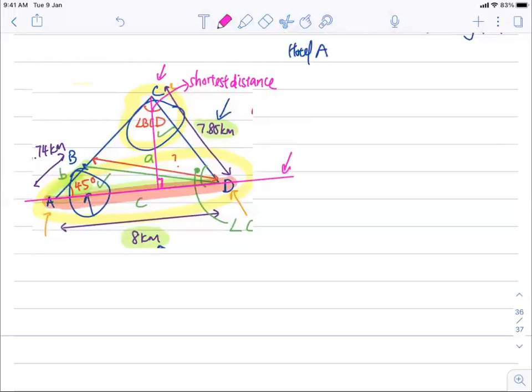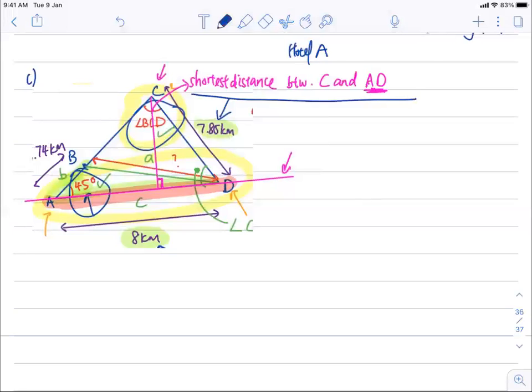This is the shortest distance between C and AD. Why AD? Because the car is between A and D, it says. So this is part C. Now we know that we need to find the length of this part, this one.